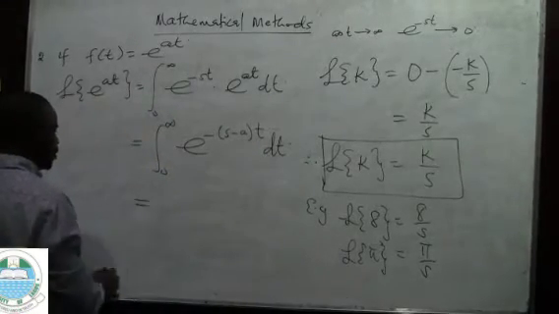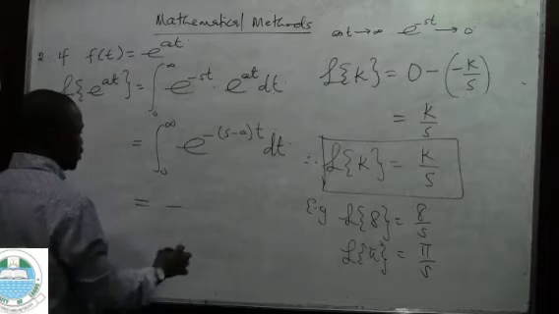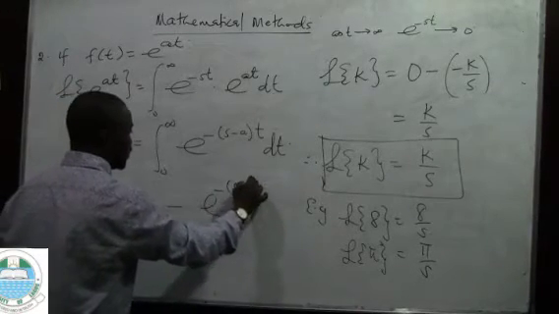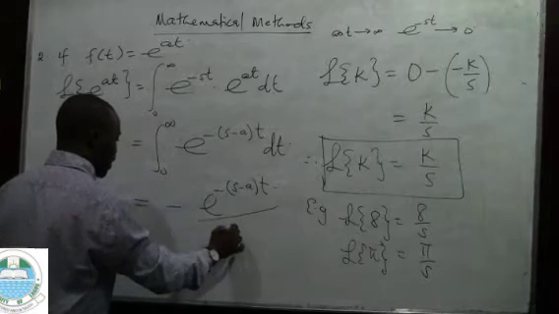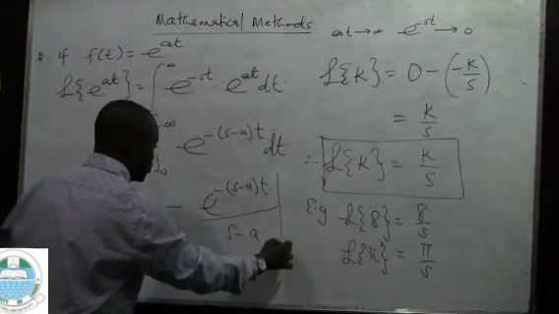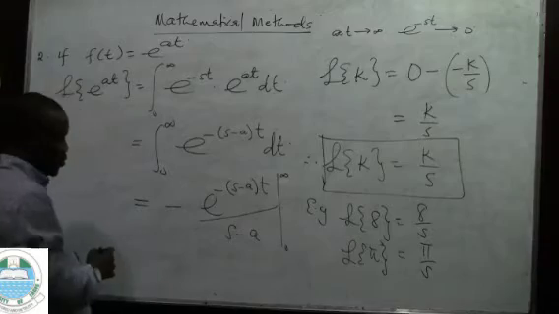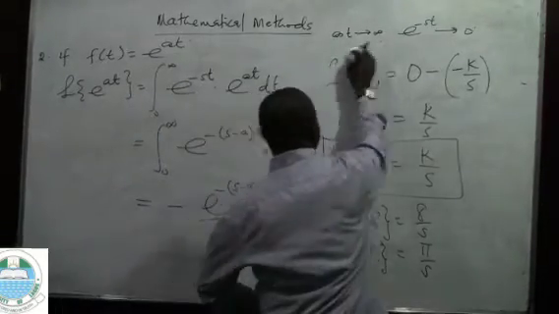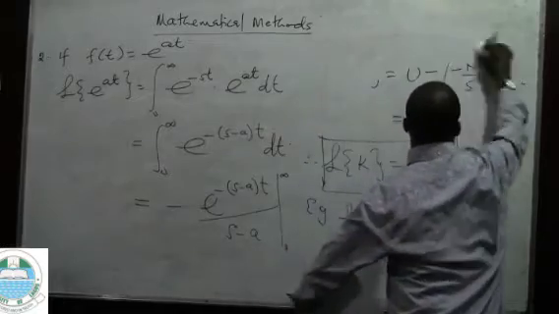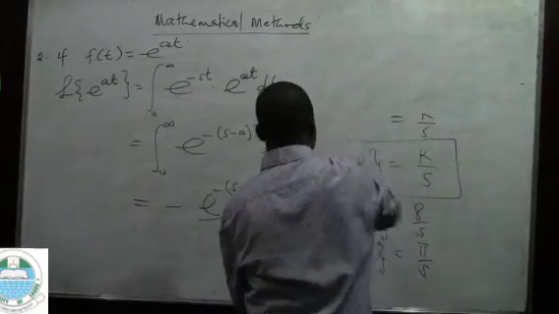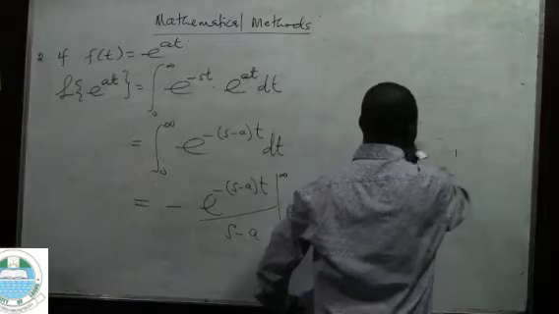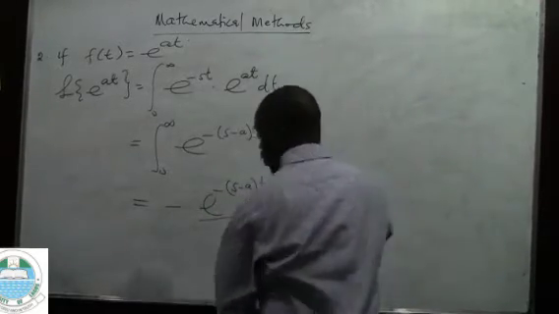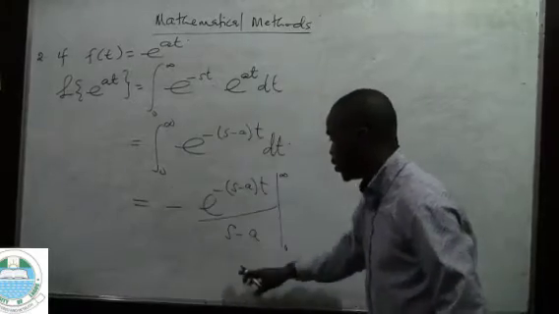Let us now integrate. The integral of this gives exponential minus s minus a t divided by s minus a between 0 and infinity. With respect to infinity, we take the limit, and from what I explained in the previous example under the Laplace of a constant, the whole of this expression becomes 0.